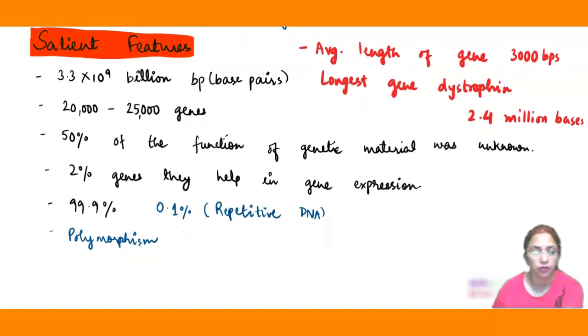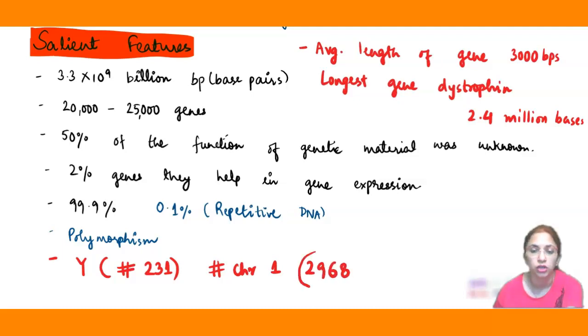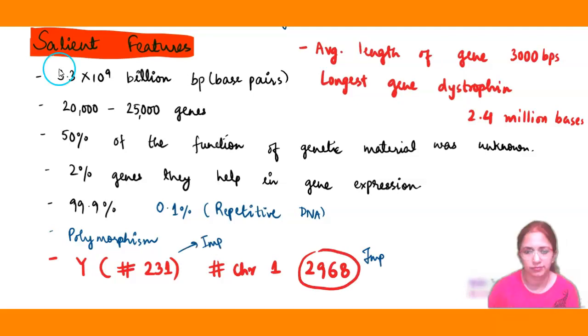Another thing that was found out was that chromosome number Y contained the least number of genes, and the number of genes on chromosome Y was 231, whereas chromosome number 1 was the longest one in terms of genes, because it had the maximum number of genes, 2968. So the numbers of genes written for chromosome Y and chromosome 1 have to be learned. This is important.